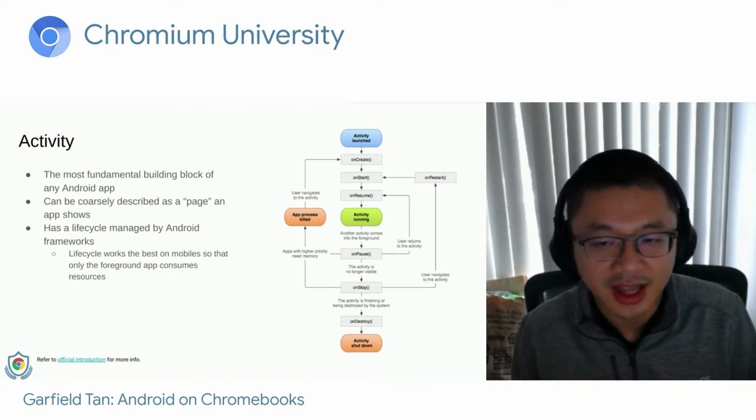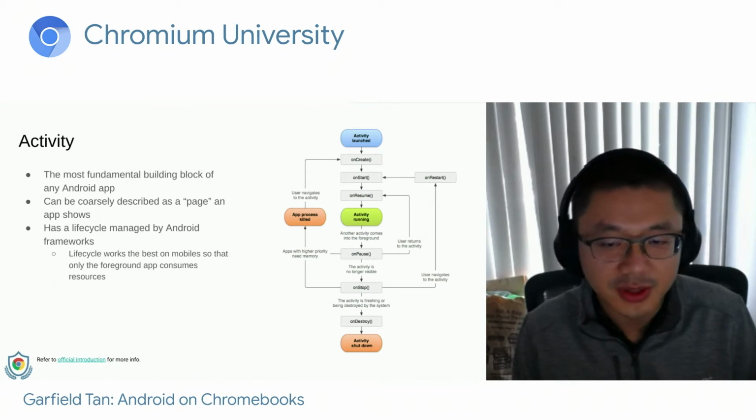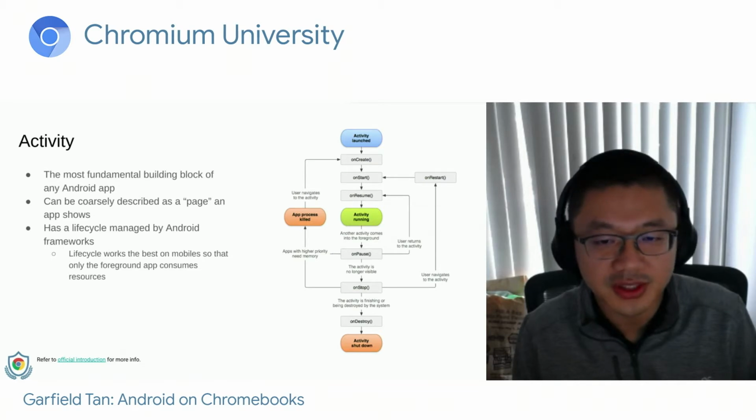Any activity has a life cycle, as shown in the figure, that is managed by the Android frameworks. This life cycle is usually alien to web and PC app developers, but it's actually a powerful tool to manage resources in environments where resources are limited, such as phones.